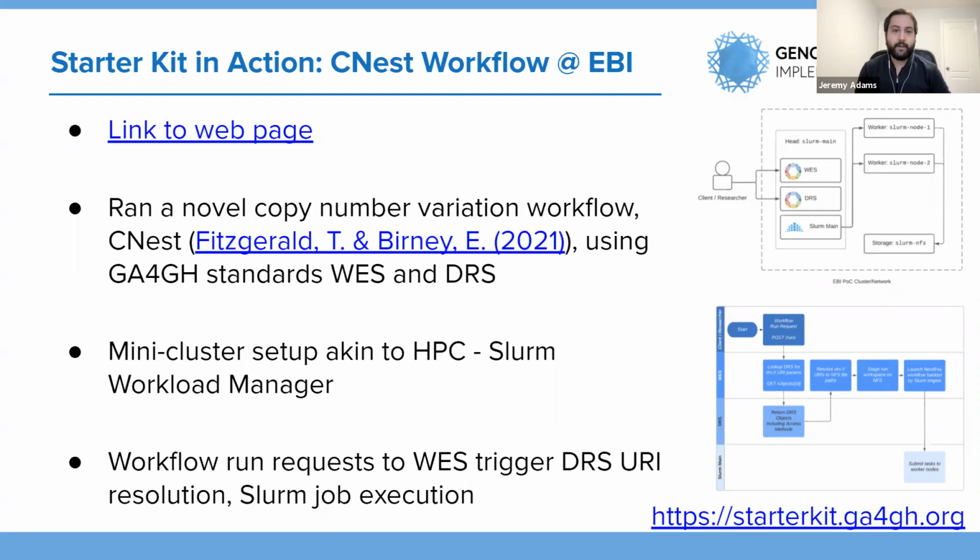We've deployed a mini virtual machine cluster at EBI that mimics the job submission capabilities of the production high performance compute. And we set up the GA4GH starter kit apps, WES for workflow execution and DRS for the data repository service. So we've set those up so that we can launch the CNEST workflow remotely with just a few API calls according to the GA4GH standards and the processes that they outline.